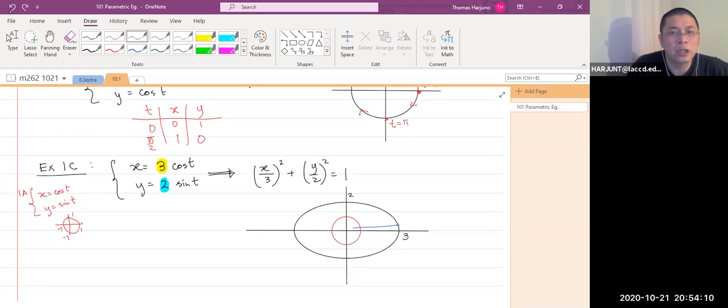The 3 in front of the cosine stretches the curve horizontally by a factor of 3, and the 2 in front of the sine for the y stretches the curve vertically by a factor of 2.